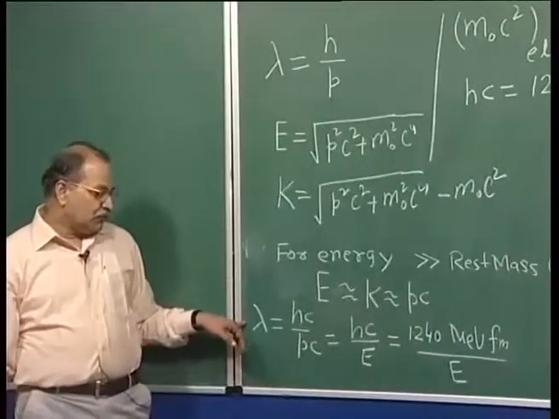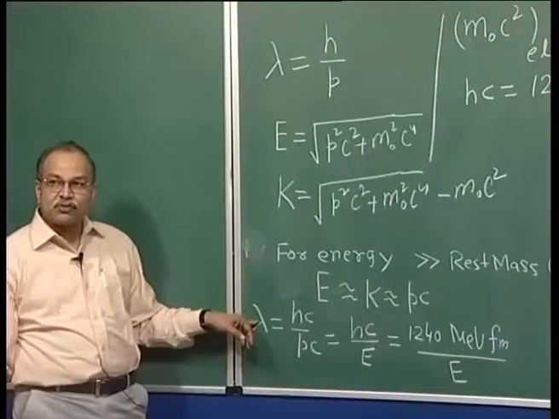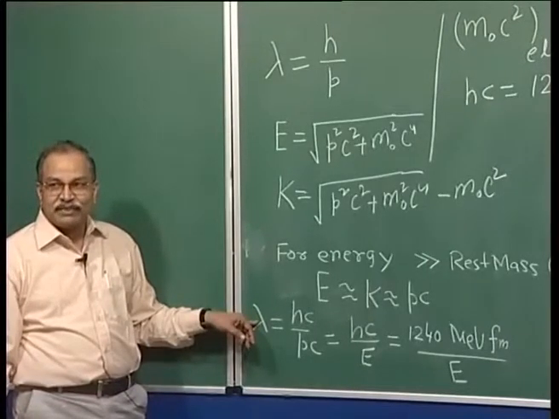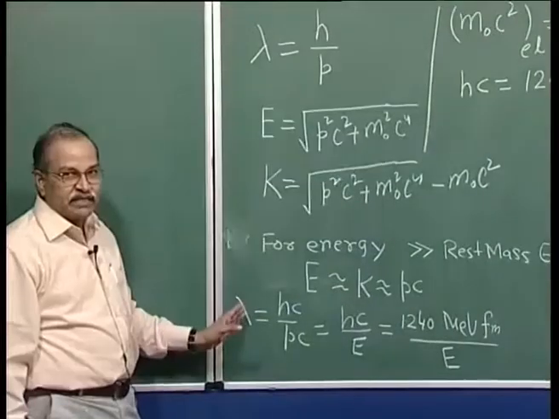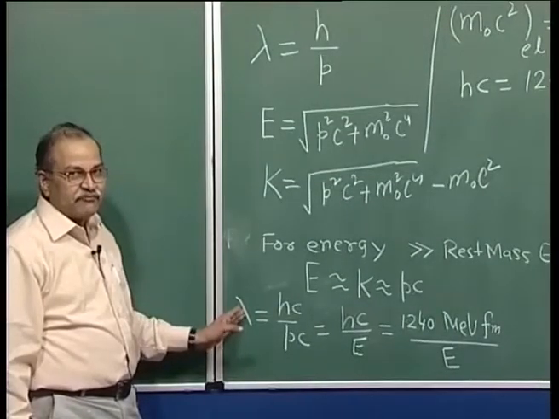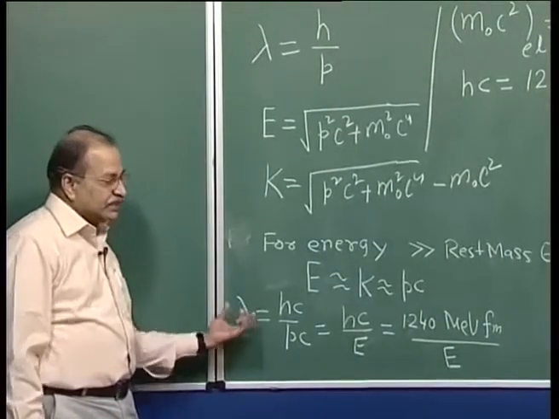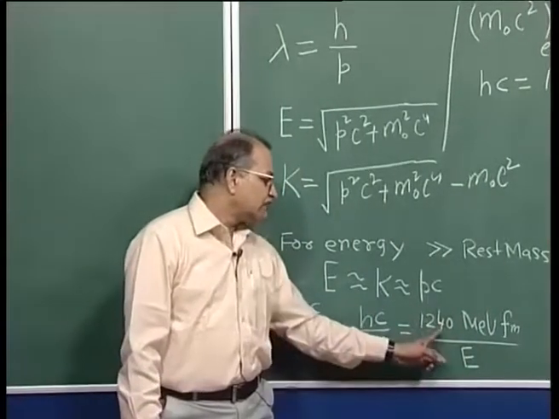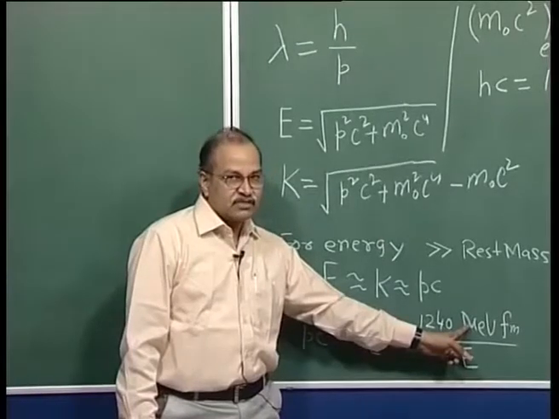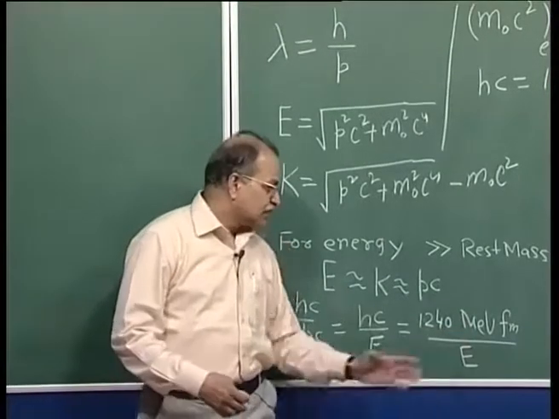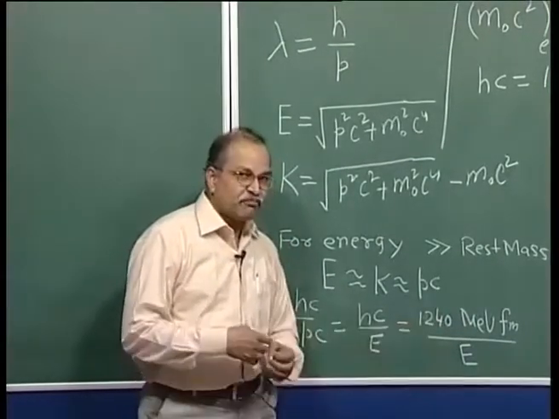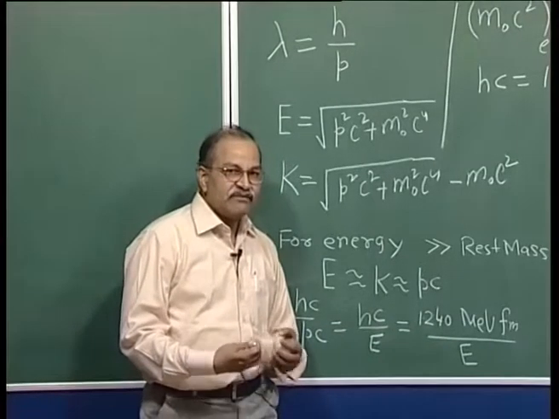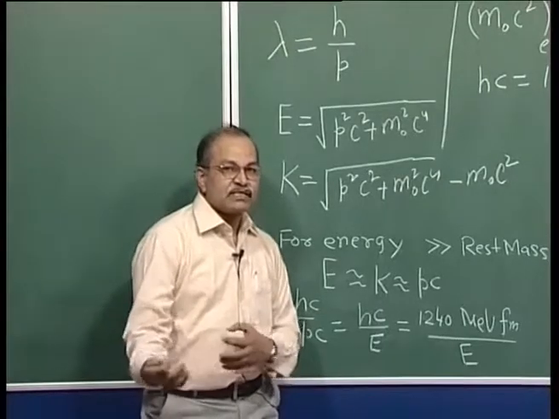So, if you want to have 10 femtometer as the wavelength, what should be the energy? If the lambda you need is 10 femtometer, then it is equal to this, and this should be 124 mega electron volts. So, if you have 124 mega electron volt kinetic energy of the electron, the wavelength will be 10 femtometers, and so on.